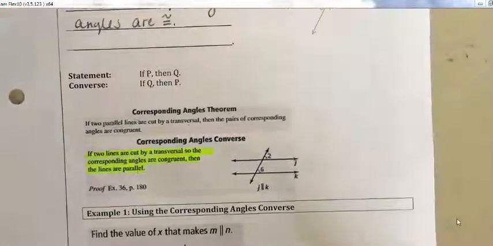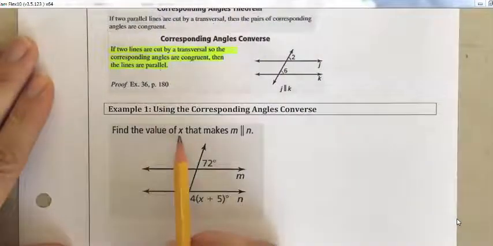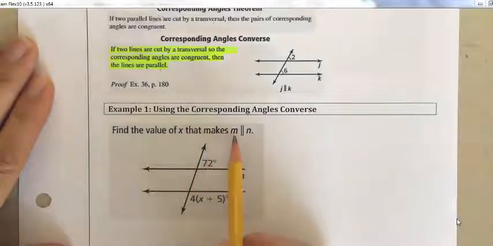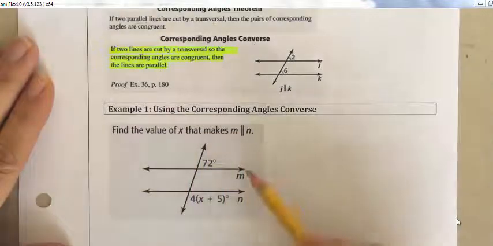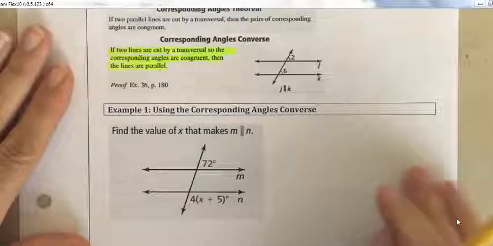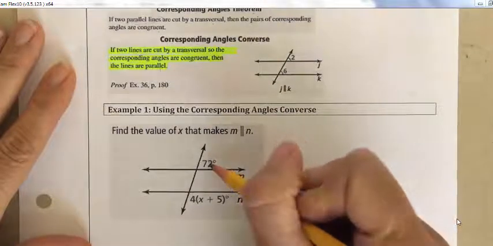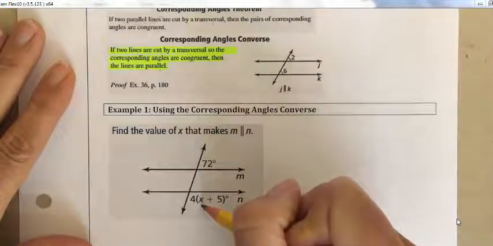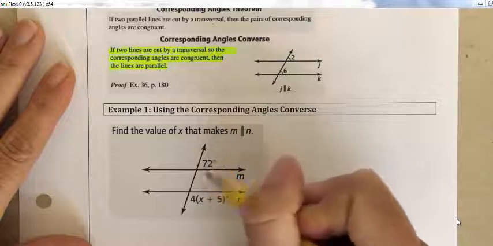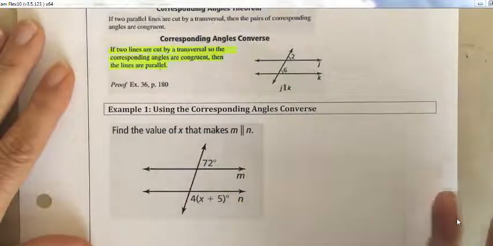All right, so moving on to example 1. We're going to find the value of x that makes M parallel to N. We want these two lines to be parallel. I can do this a couple of ways. But one thing I noticed is that 72 and 4 times x plus 5, these two angles right here, are not one of my special angle pairs that we've learned about.